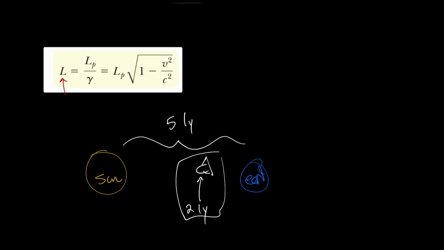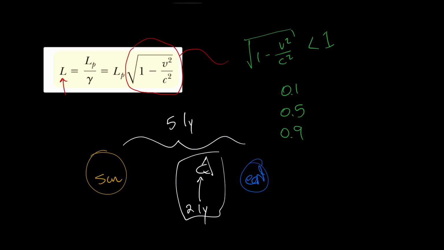And we also saw that this factor, actually I'm going to draw this here in green. So square root 1 minus v squared over c squared has to be less than 1, less than unity. So it can be like 0.1, 0.5, 0.9, anything. It can't be 0 though, because here you have 1 minus something that is non-negative.